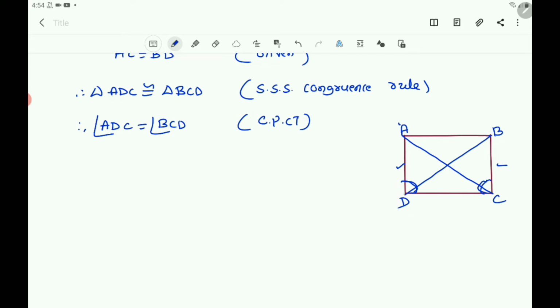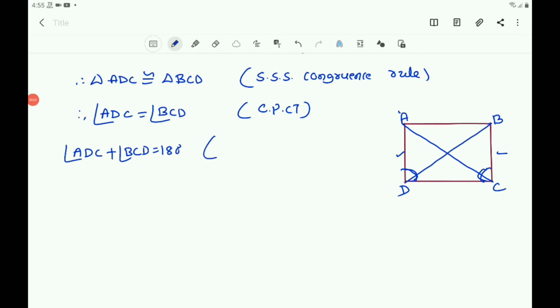So you write angle ADC plus angle BCD equals how much? 180 degrees. So what is the reason? You can write here interior angles on the same side of the transversal.